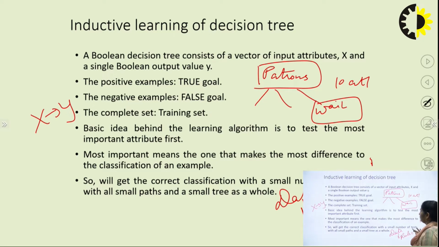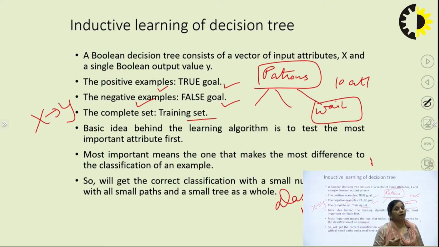So that we are going to learn for decision making here in decision trees. So what will we be given? We will be given some positive examples, in which the goal will be true. Then we will be given some negative examples, in which the goal will be false. The combined set of true goals and false goals is our training set.